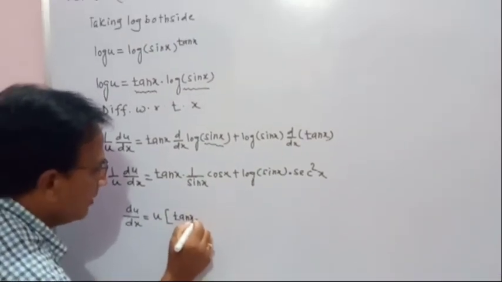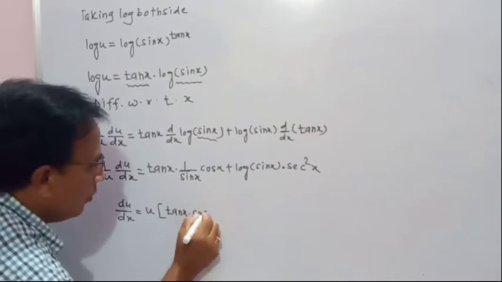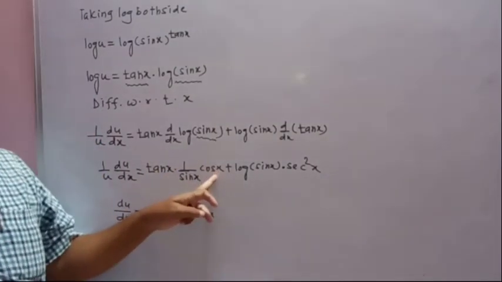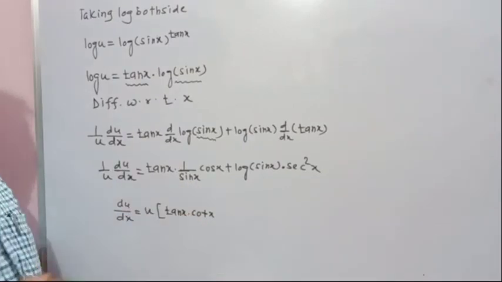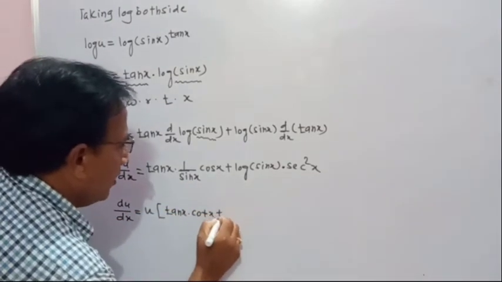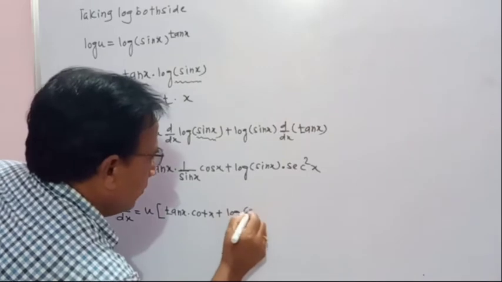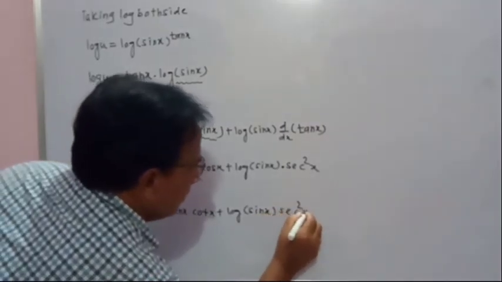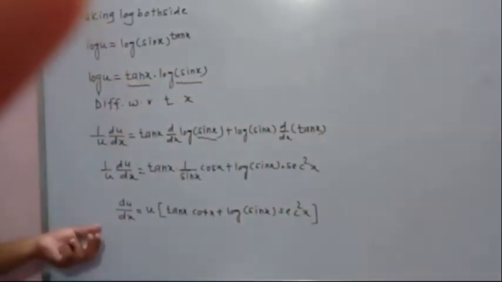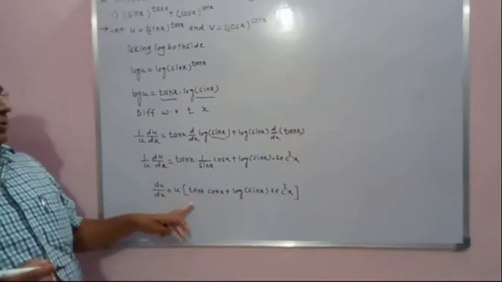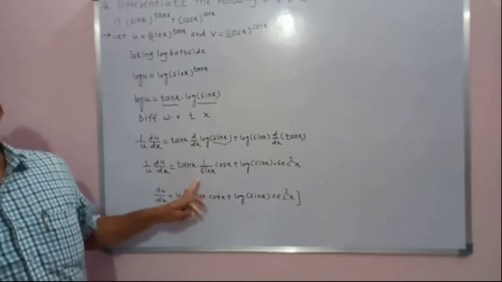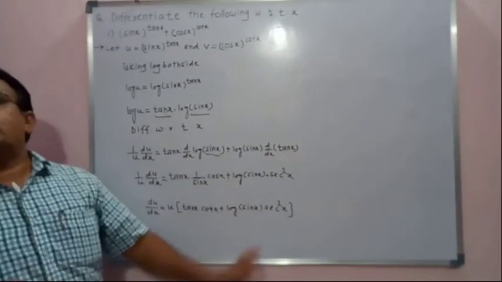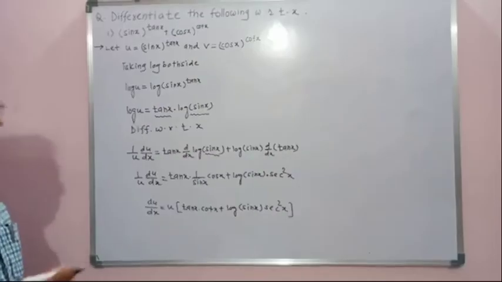Therefore, tan x into cot x plus log of sin x into sec square x. Du by dx equal to tan x into cot x plus log of sin x into sec square x, the value of du by dx.